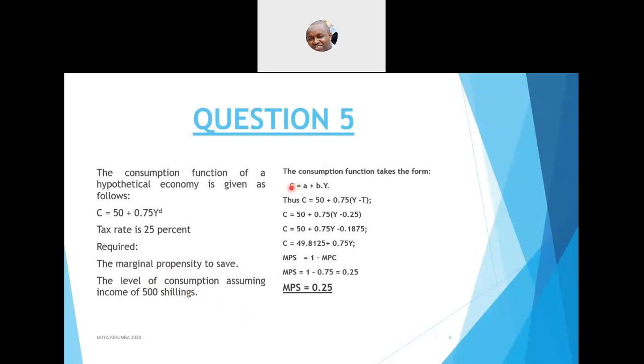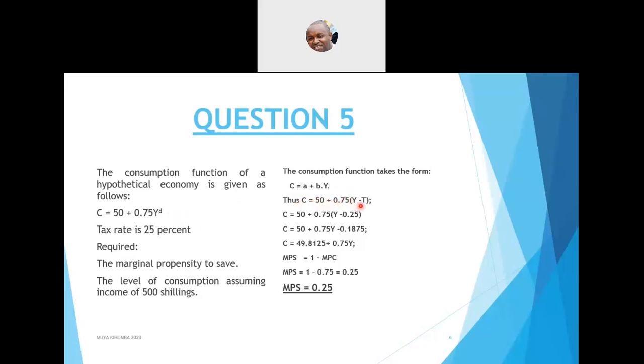Now, the consumption function is a linear function, which should always be in this format: C is equal to A plus BY. But this cannot be the consumption function, because you notice that at the end we've been given disposable income. And when you substitute what we have, C is 50 plus 0.75 YD.